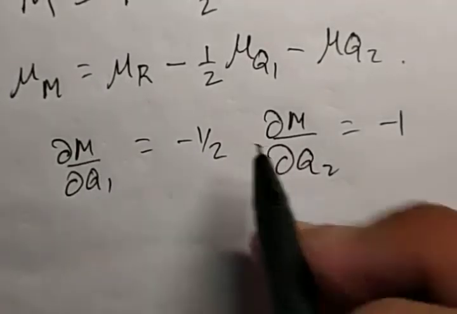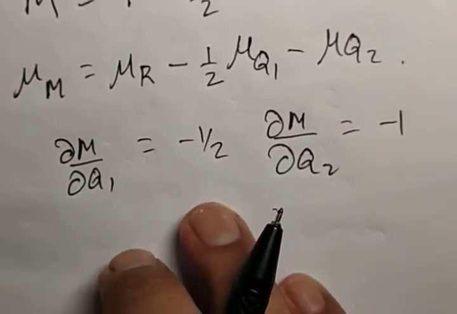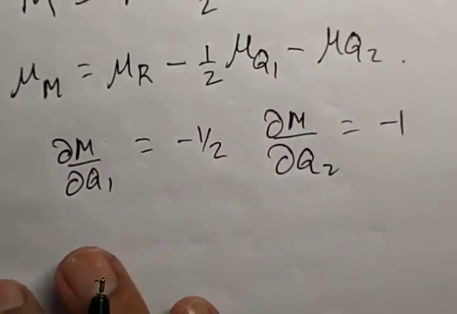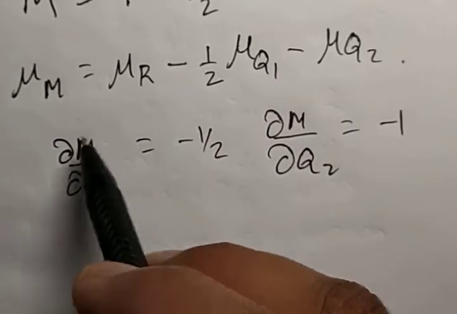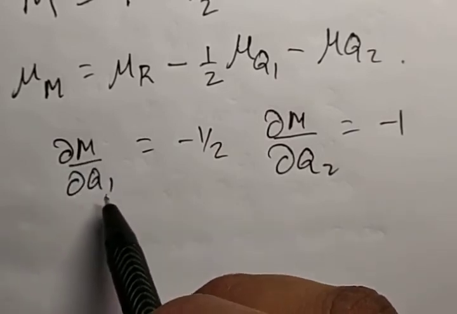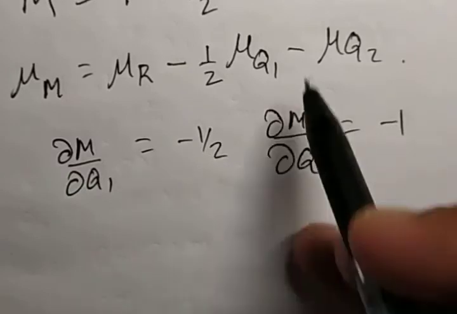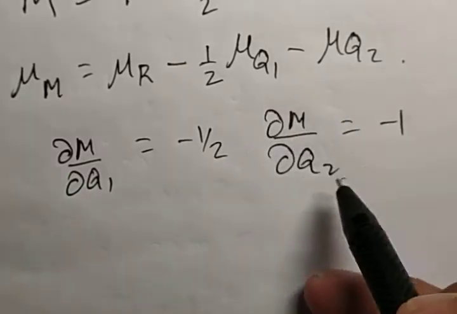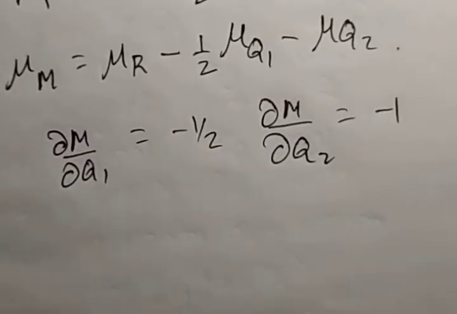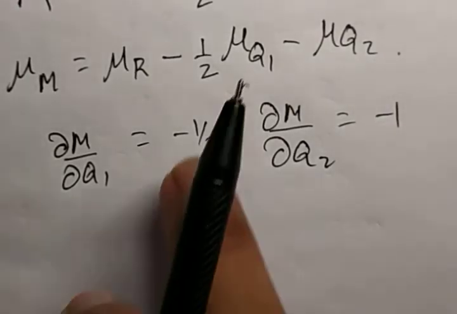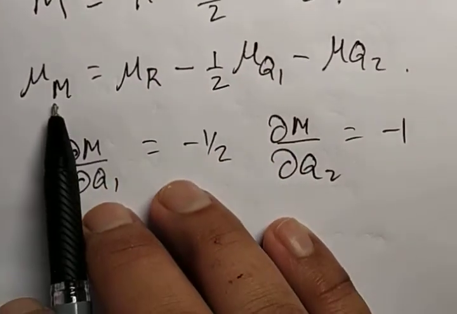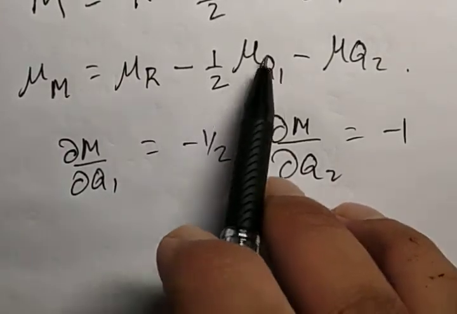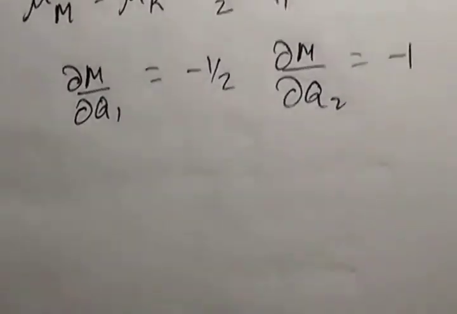You don't need to see how it comes. I'm just informing you that the first order Taylor series expansion gives the derivative of m with respect to q1 as minus half, and of m with respect to q2 as minus 1. So I've already found that mu m equals mu r minus half times mu q1 minus mu q2.